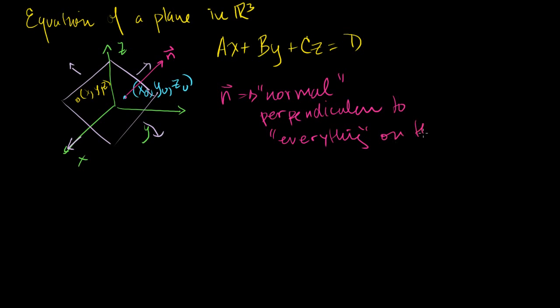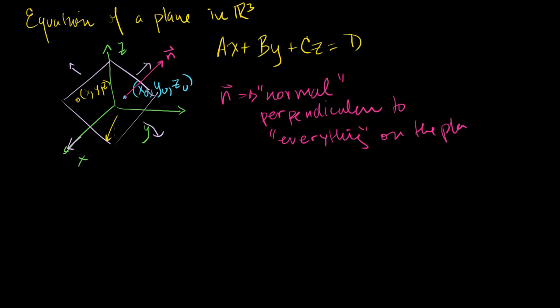I'll just say it in very imprecise terms, everything on the plane. So if you have some vectors lying on the plane, if I have some vector here, let's say that's lying on the plane. If you imagine the plane as a piece of cardboard, that yellow arrow I just drew, I would have actually drawn that on the cardboard. It's sitting on the plane.